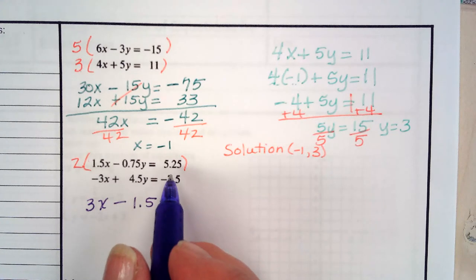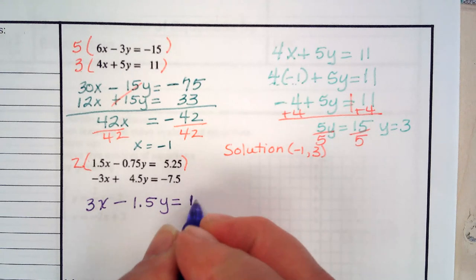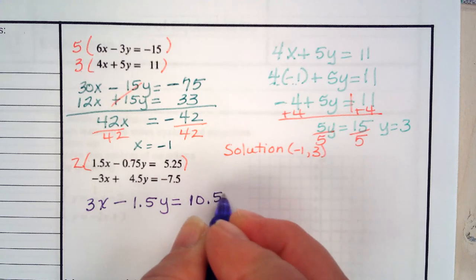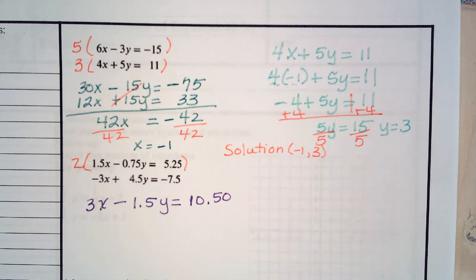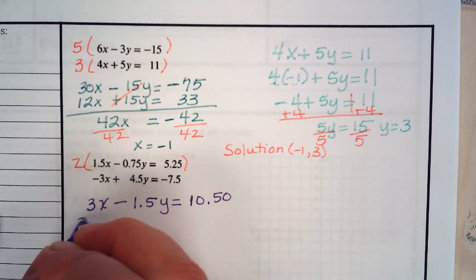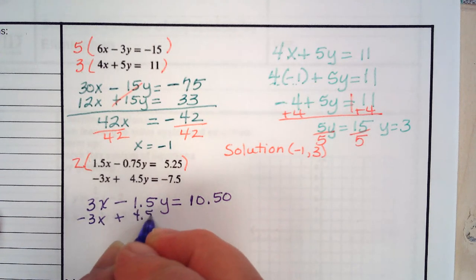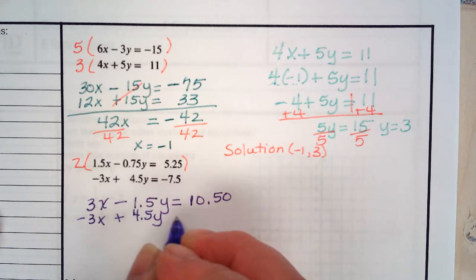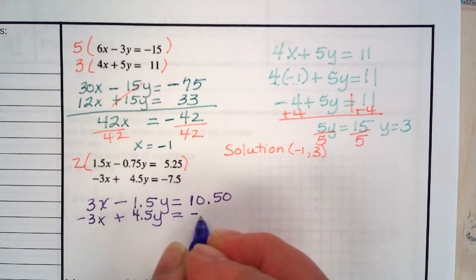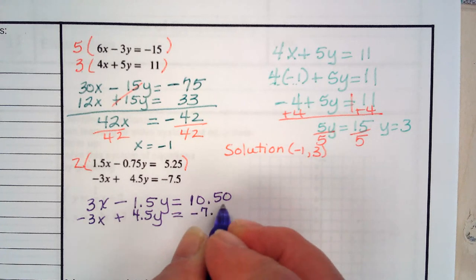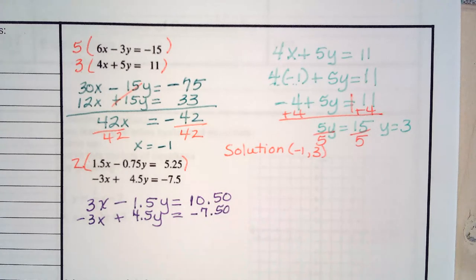If I double that, I have $10.50. I have created my opposites. -3x plus 4.5y is equal to -7.50.